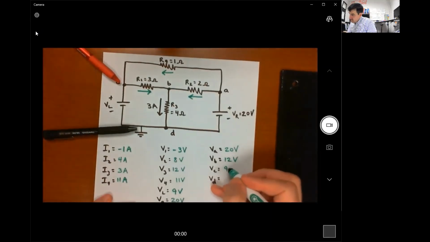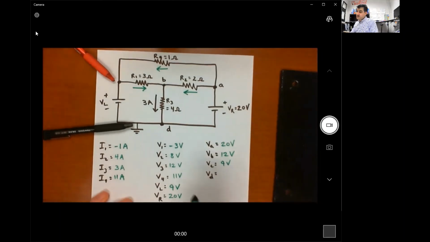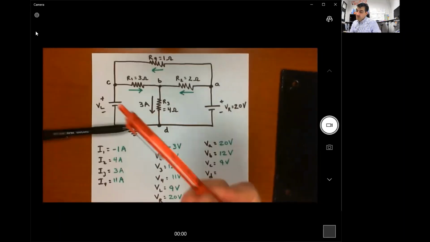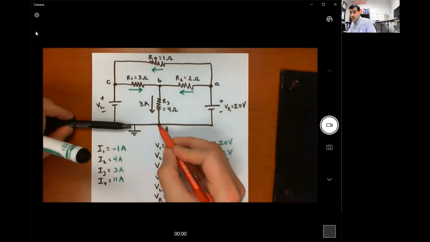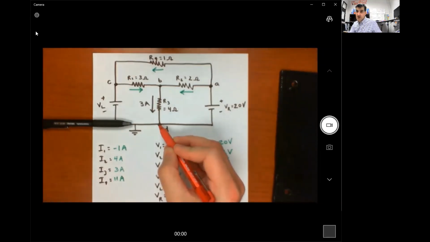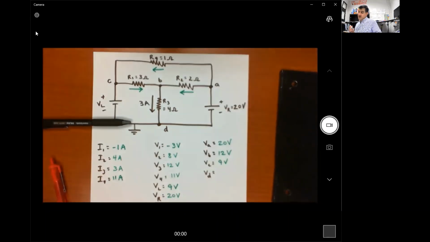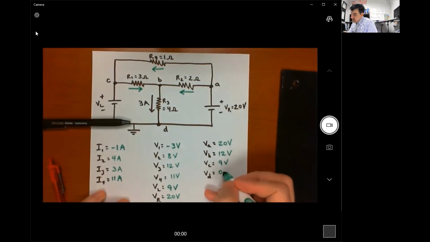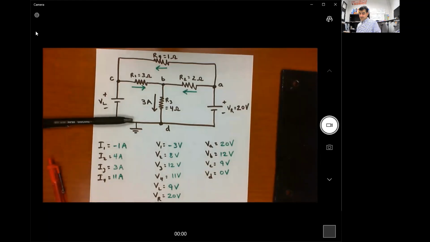So V sub C is 9 volts. And then the last one is really easy. If I'm going from here to here, there's nothing here to drop a voltage. So it's just 0. So the voltage at D is 0 because it's directly connected to ground.